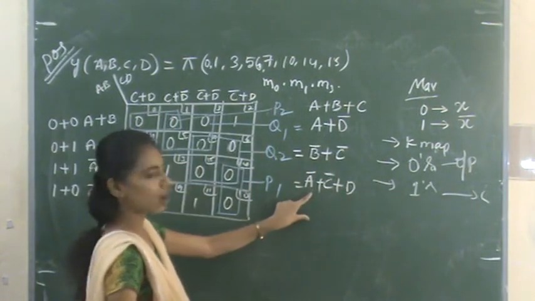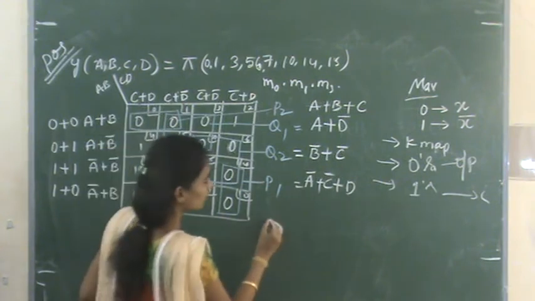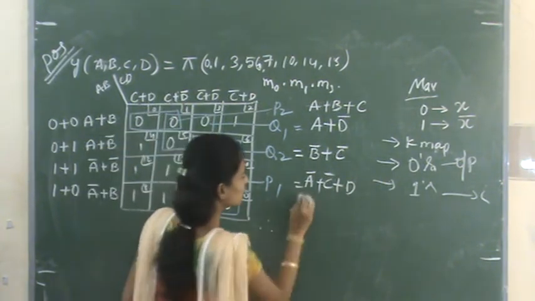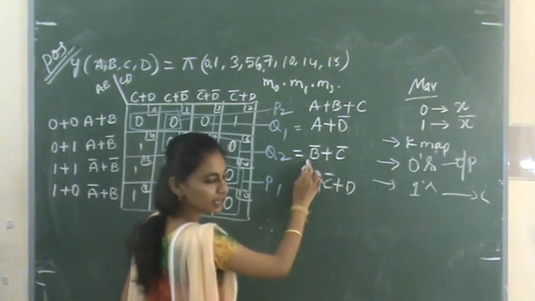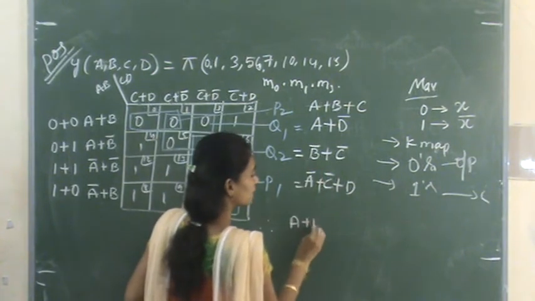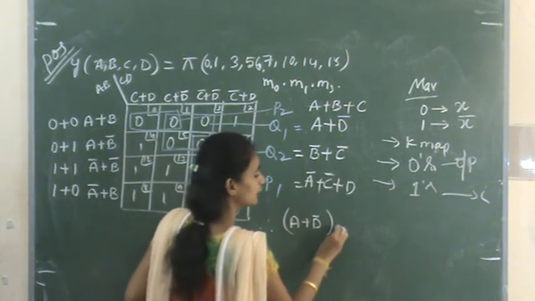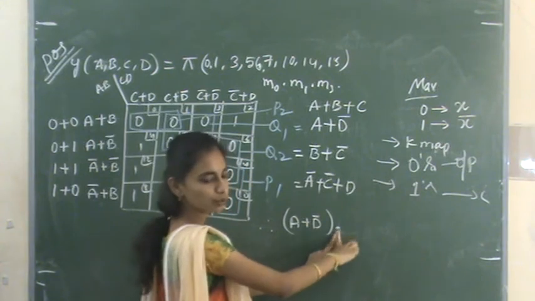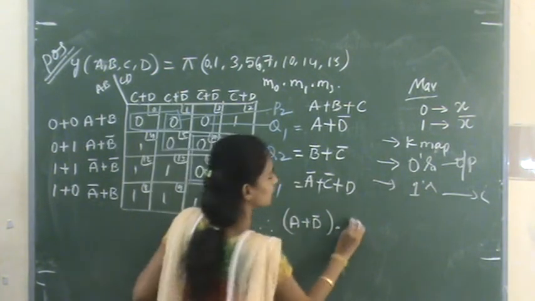Now combine all these max terms. What is the final reduced expression? First I have to write the quad, that is A plus D bar into. Why do we have to write into? Because it is the POS method.